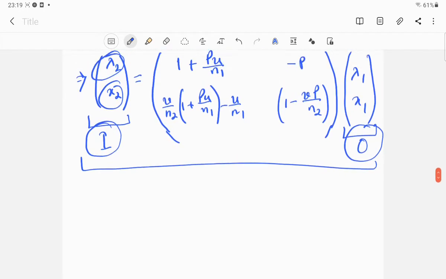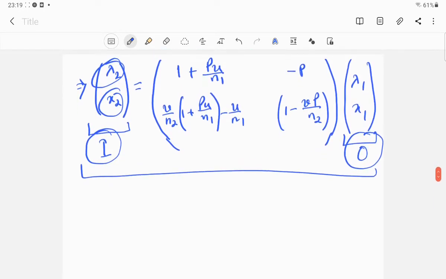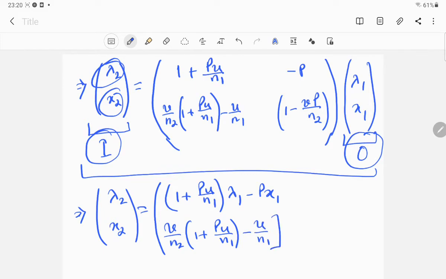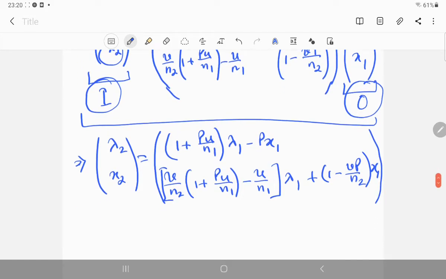So yep, if I want to simplify it further, lambda 2 x2, if I want to multiply them, what will that be? 1 plus pu by n1 into lambda 1 minus p x1. Similarly, v by n2 into 1 plus pu by n1 minus u by n1, into lambda 1 plus 1 minus vp by n2 into x1. So that is the multiplied matrix we have.